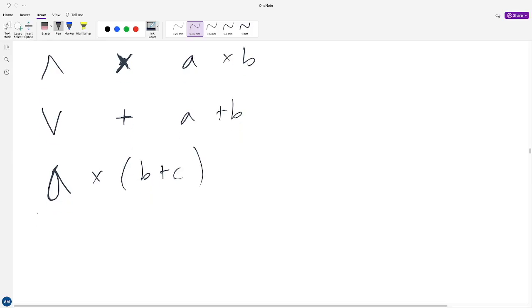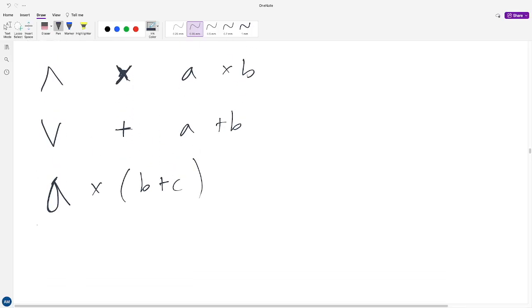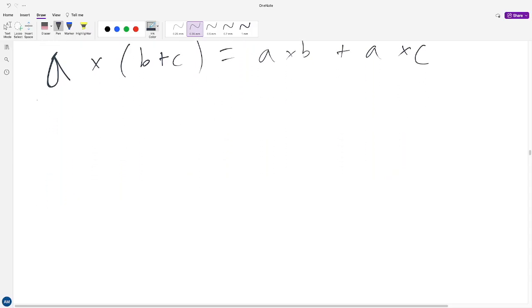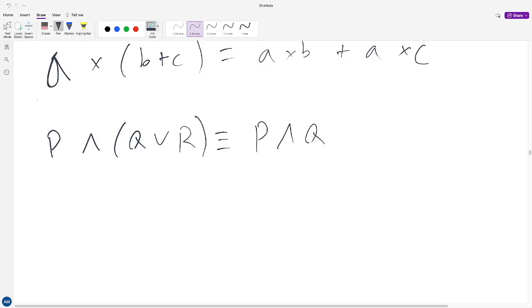I'm getting ahead of myself here, but if you want to think about it like this, we have a times (b plus c) is equal to a times b plus a times c. And similarly, we have this law in logic where the and distributes over the or. So we have P and (Q or R) is the same thing as (P and Q) or (P and R).